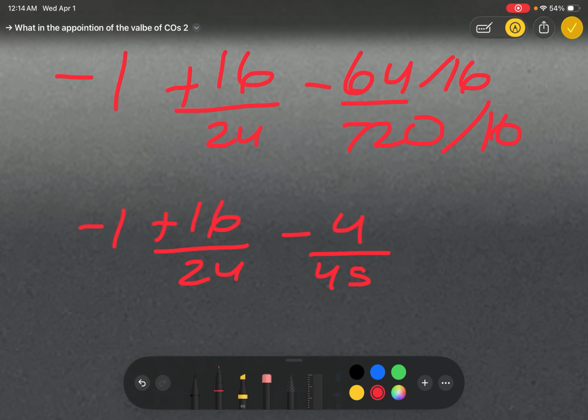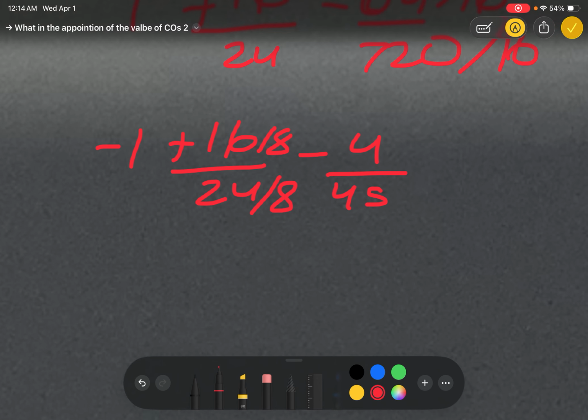And this can be simplified over here. So we divide both by 8. So it's going to be negative 1 plus 2 thirds minus 4 over 45.